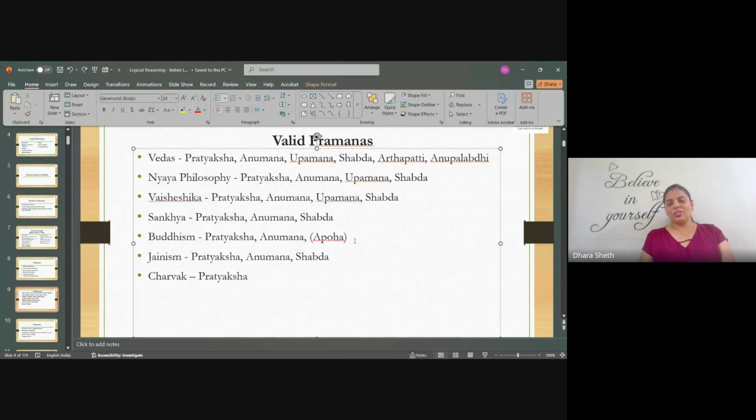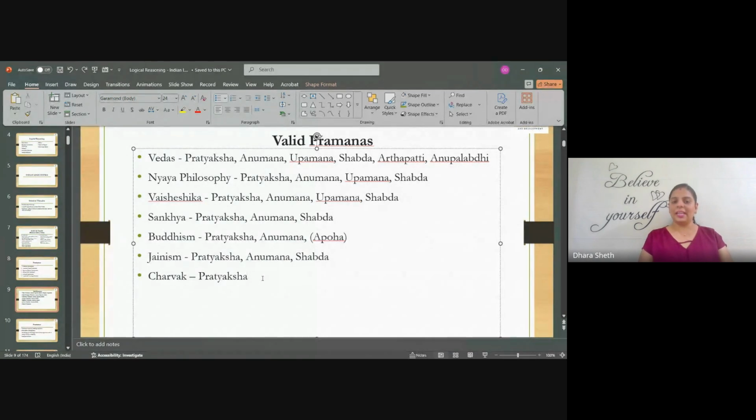So there has been a question asked: what are the ways of knowledge or inference accepted in Buddhism? The answer was apoha and pratyaksh out of the given options. So please remember that. Jainism believes in pratyaksh, anuman and shabda.